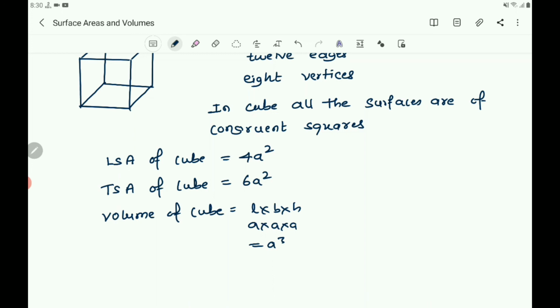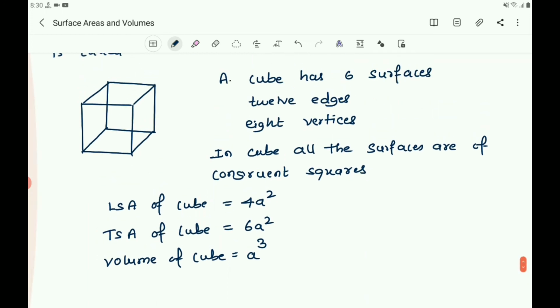So therefore you can write, if a is the edge of the cube, then the volume of cube equals a cube. That is about the cube.